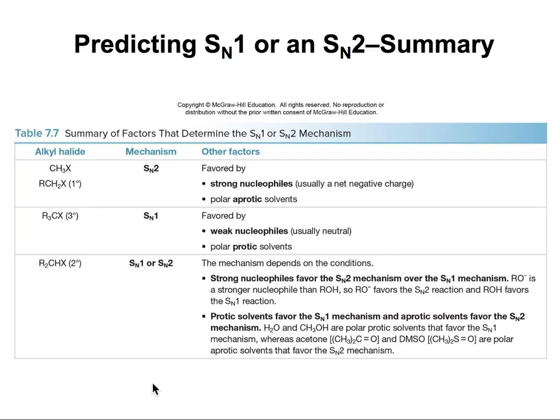The other way you can also tell, now that you've learned about carbocation rearrangements, is when you see that your nucleophile doesn't end up where your leaving group was. You are always expected to get your nucleophile right there, but when there is a carbocation rearrangement, your nucleophile doesn't end up where your leaving group is. So whenever you see a sign of a rearrangement, that's a sign that the reaction went through a carbocation.